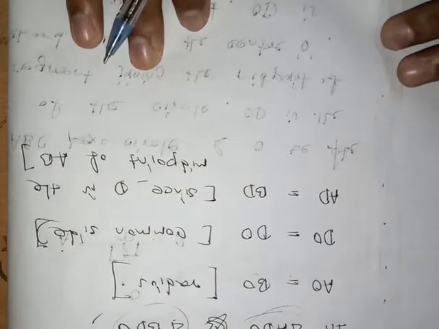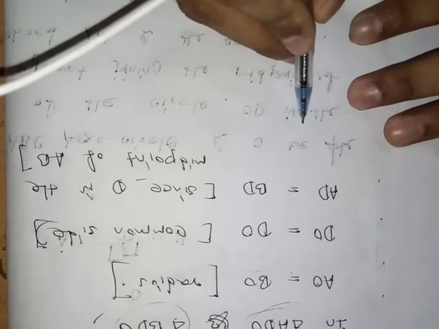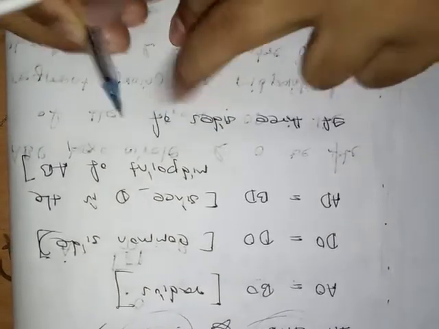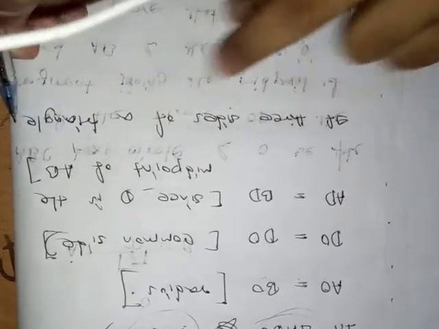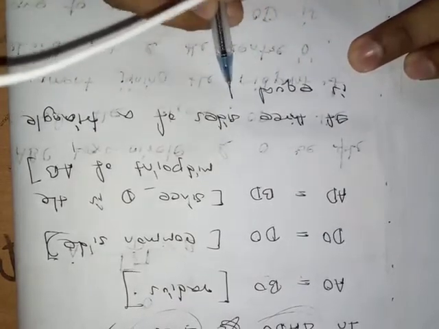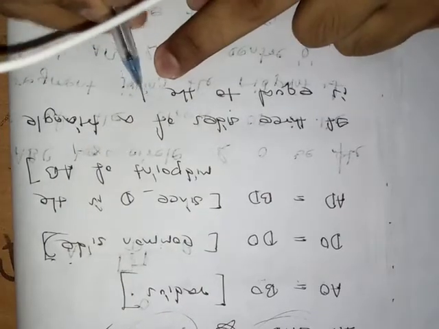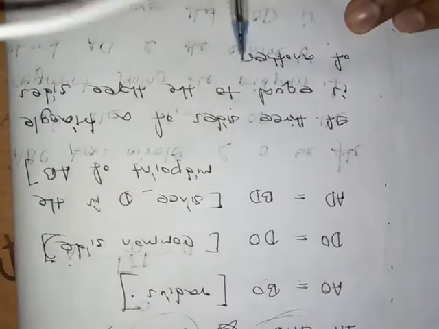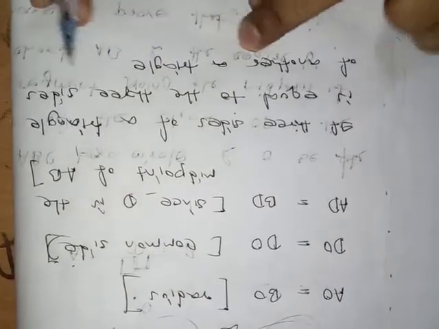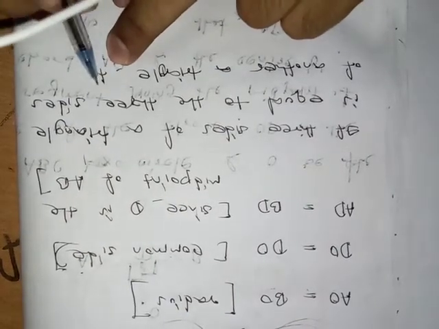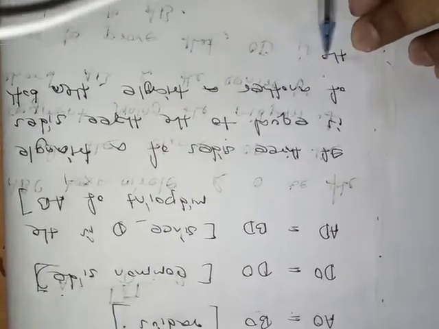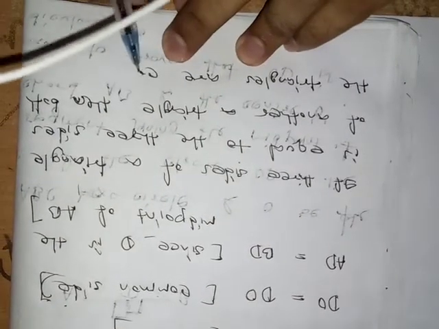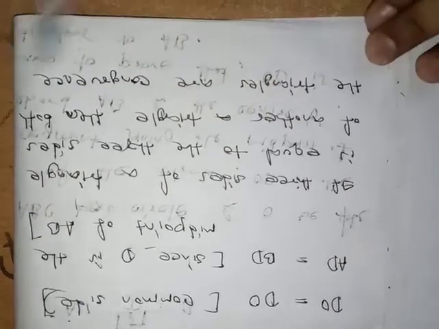I'm writing down the statement. If three sides of a triangle are equal to the three sides of another triangle, then both the triangles are congruent to each other.